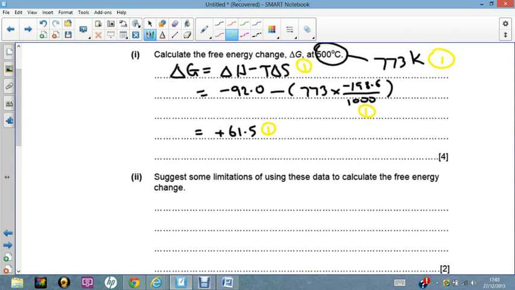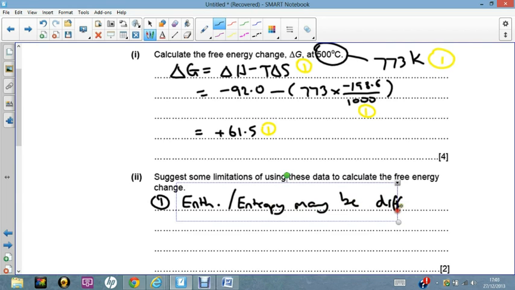And then the final bit, limitations about using this. So 1, enthalpy or entropy may be different.